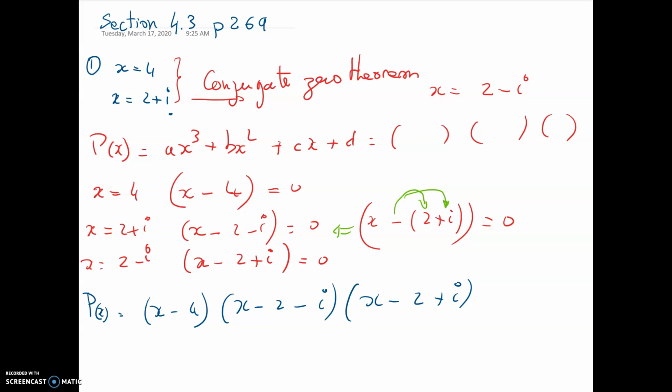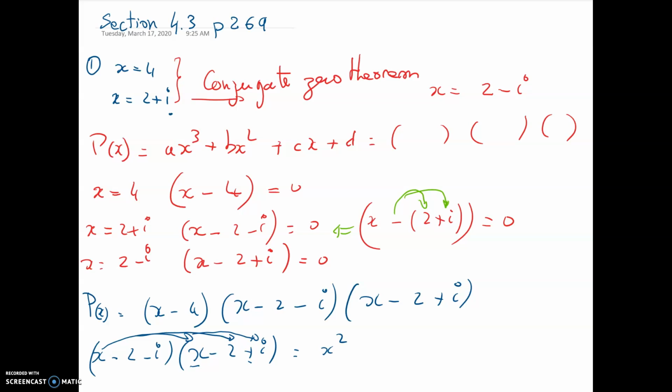What I want to do is distribute, first of all, 2 parentheses together, and finally the other one. So I'm going to look at x minus 2 minus i times x minus 2 plus i, and distribute the x with the x, the negative 2, and the i, and do the same with the negative 2 and with the negative i.